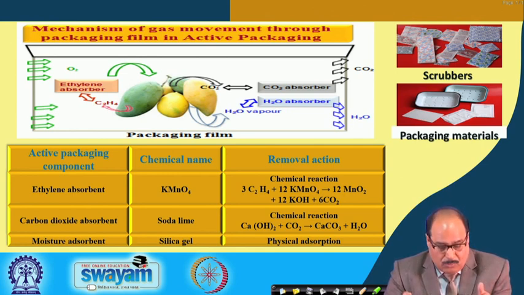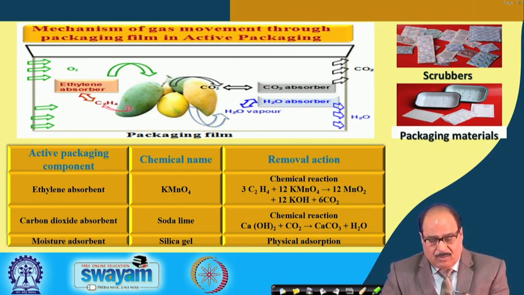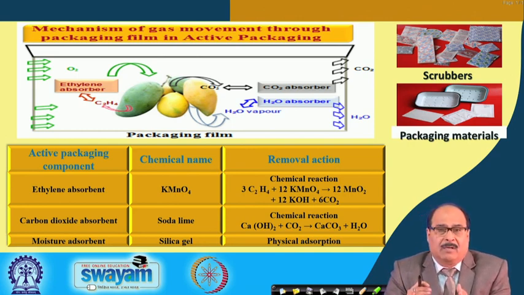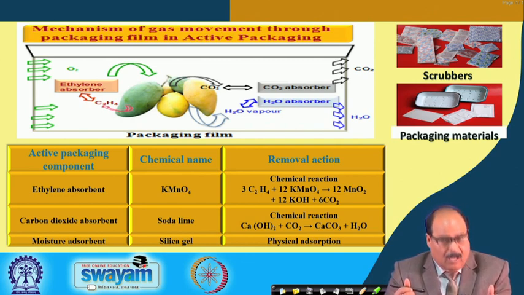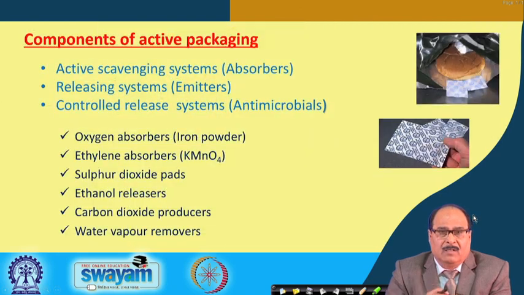Soda lime and many other such carbon dioxide absorbers are there, which you will see in the other slides. When soda lime, calcium hydroxide, is used, it reacts with carbon dioxide and gives calcium carbonate and water. Similarly, for moisture absorbent, silica gel or many other moisture absorbers can be used. Silica gel is actually a physical adsorption process.